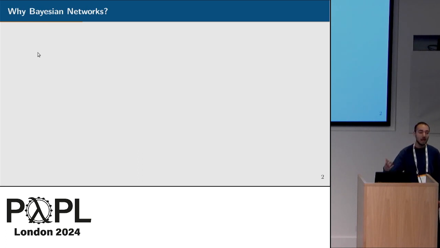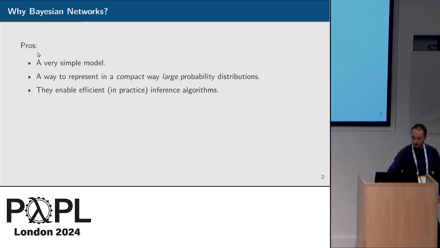And so why do we use Bayesian networks? And why don't we just use standard Bayesian reasoning? So the pros of Bayesian networks is that they are very simple. So we are very constrained in the description of our model because it's a directed acyclic graph.